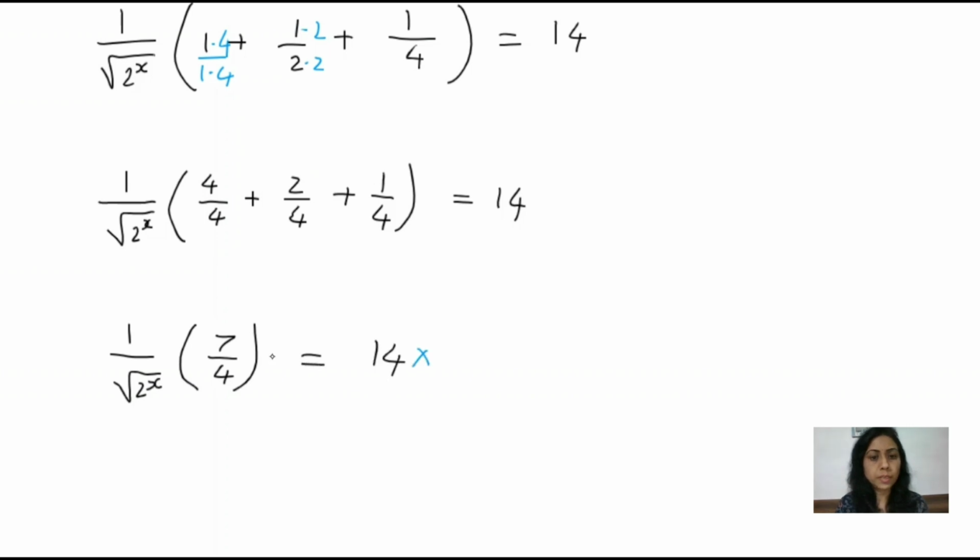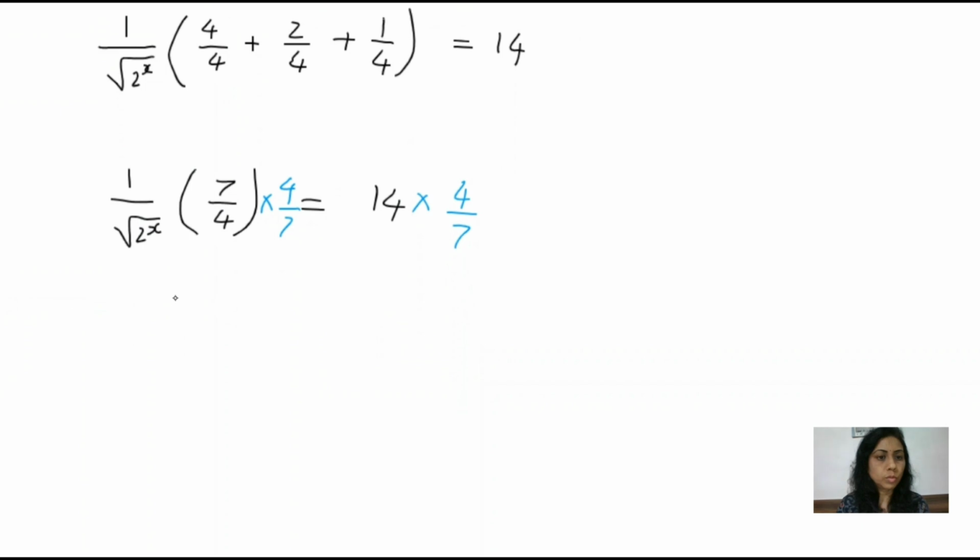Multiply both sides by 4/7. So (1/√2)^x, 7 cancels with 7, 4 cancels with 4, we get 1.